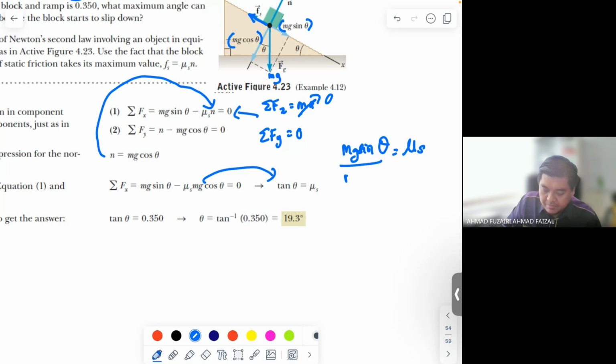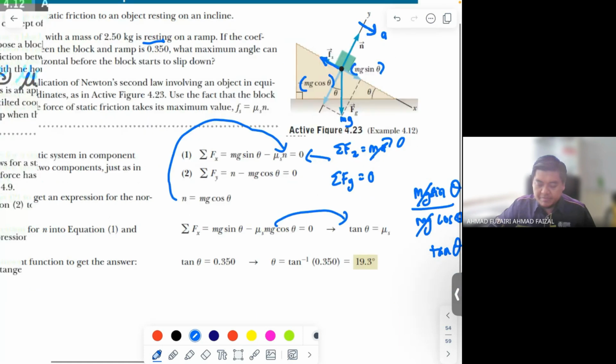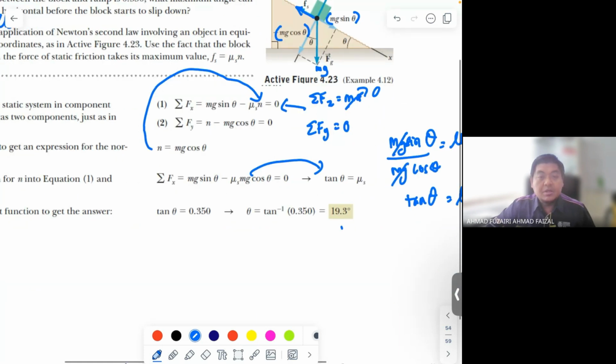The m and g cancel out, and there goes sine theta over cos theta. So you have tangent theta equals mu s. Then with mu s equal to 0.35, theta is equivalent to 19.3 degrees.